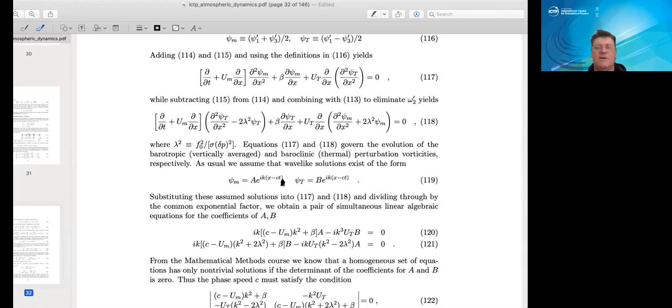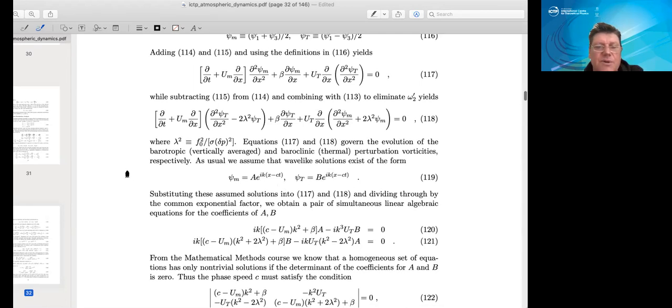We could have done this, and that wouldn't have made any big changes to the calculation. But in order to keep it as simple as possible, we just assume that they are propagating in zonal direction. The vertical direction is not there anymore because we have removed that.